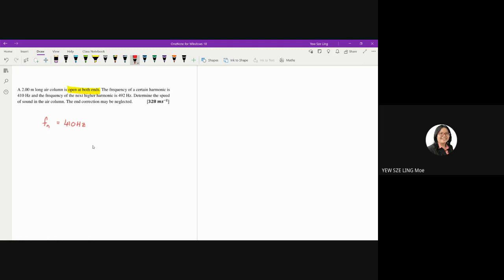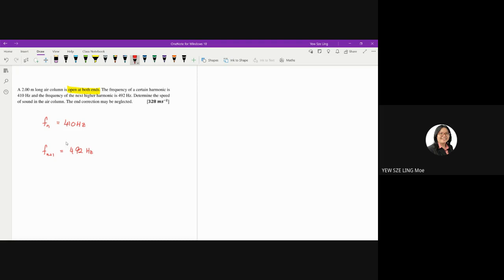And then the next higher frequency, I'm going to write Fn plus 1, just plus 1 because it's an open end air column. If it is a closed end air column, then it will be n plus 2. So Fn plus 1 equals 492 hertz. So this is the information that I have.